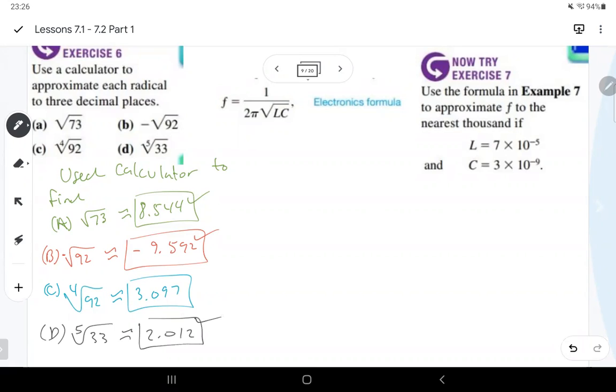Okay. All right. And then the application-based problem for this section deals with plugging in L and C, and F here is in cycles per second. That was missing. L and C are both written in scientific notation.